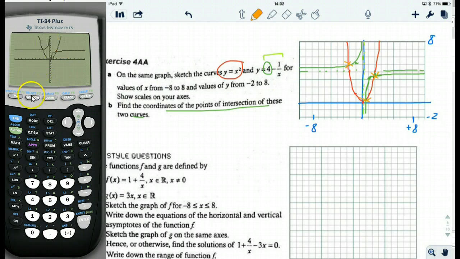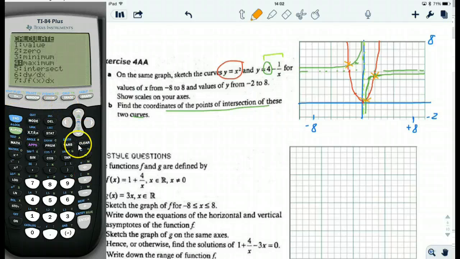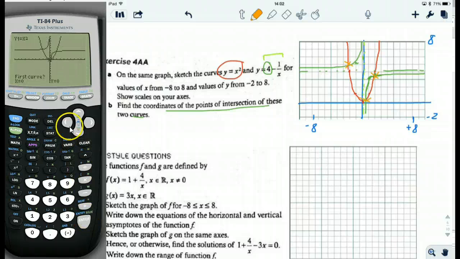Okay, and then we're going to use second calc and intersect, and first curve, yes. Second curve, yes. Yes. Yes. Okay. And sometimes if you have a curve with an asymptote right at x equals 0, even if you press yes, you need to move left or right to get off of that point.